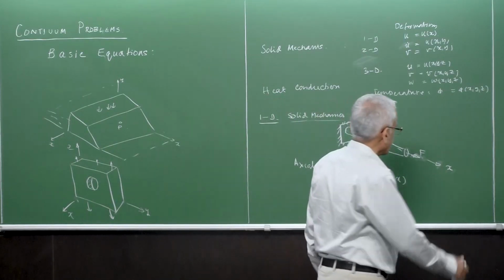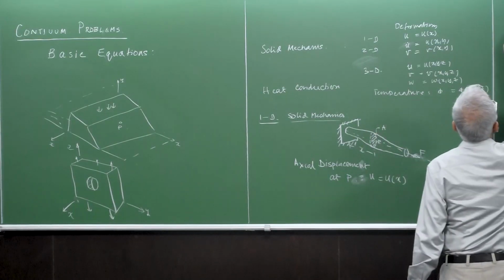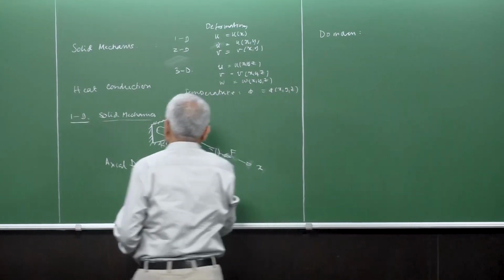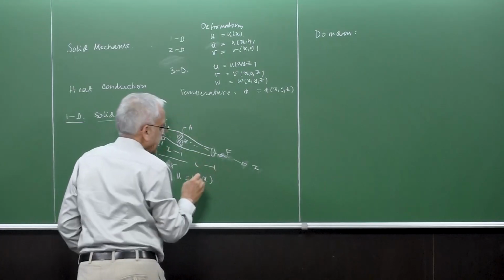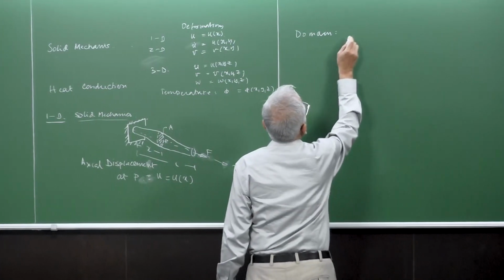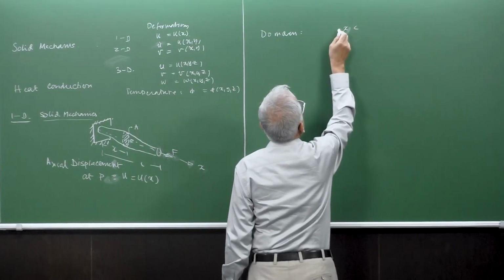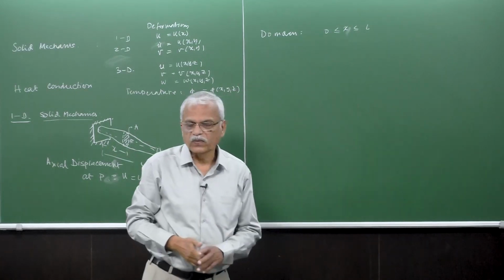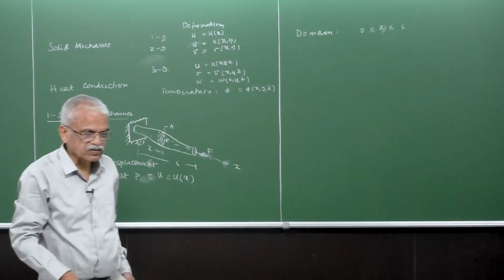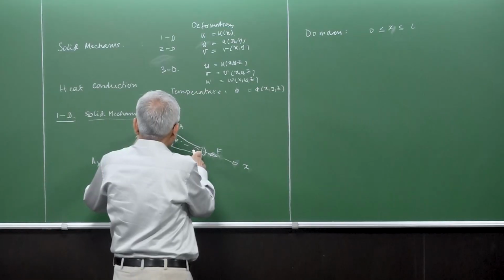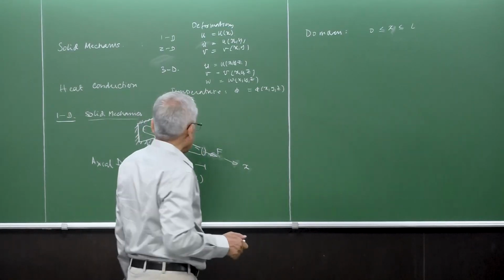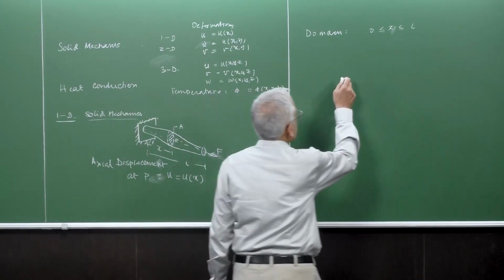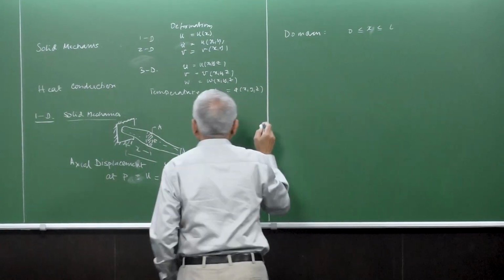The domain of the problem is x varying from 0 to L. So x equal to 0 and x equal to L are the endpoints or boundary points, and our domain of interest is between 0 and L. This is being acted upon by F, and let's look at a typical delta x here.